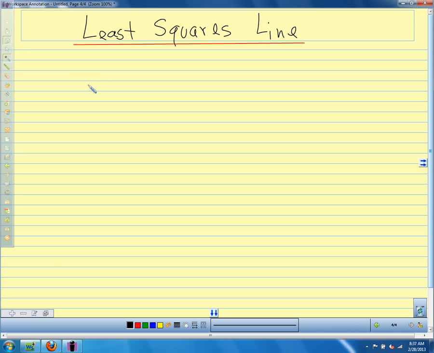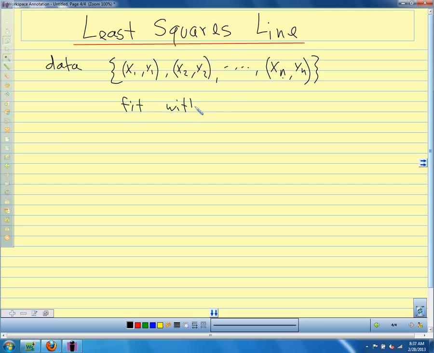So we have a set of data points: x1, y1, x2, y2, etc., etc. So we have some collection of data, and we want to fit a line to this data. So we want to fit this with y equals f of x, where our function is linear.